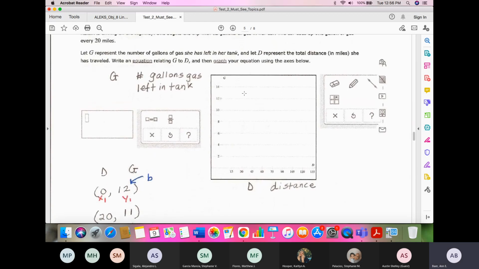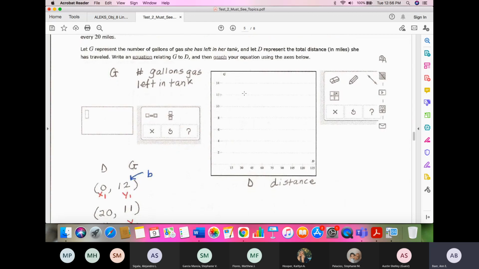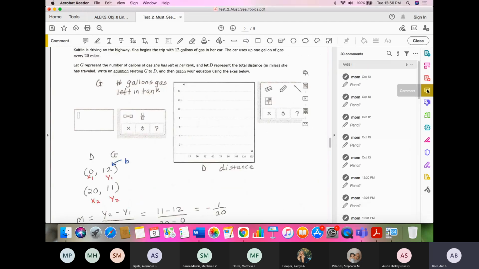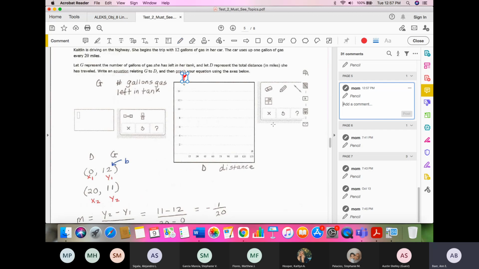So let's think about what we want here. I would always be very careful here. You might even want to go so far as to do this. It depends how comfortable you are working with different variables. You might want to temporarily put y on this axis and x on this axis.